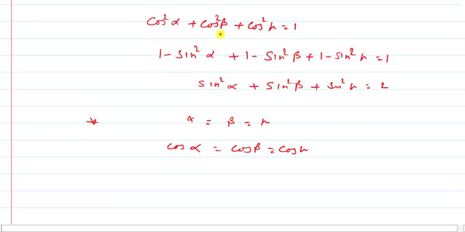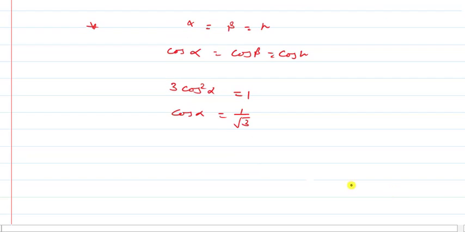If we put all equal to cos alpha, then we get 3 cos square alpha is equal to 1, and from here cos alpha is equal to 1 upon root 3, which is also cos beta and cos gamma. So if a line is equally inclined with 3 axes, the direction cosines are 1 by root 3, 1 by root 3 and 1 by root 3. This is the direction cosines of a line which is equally inclined to the 3 axes.